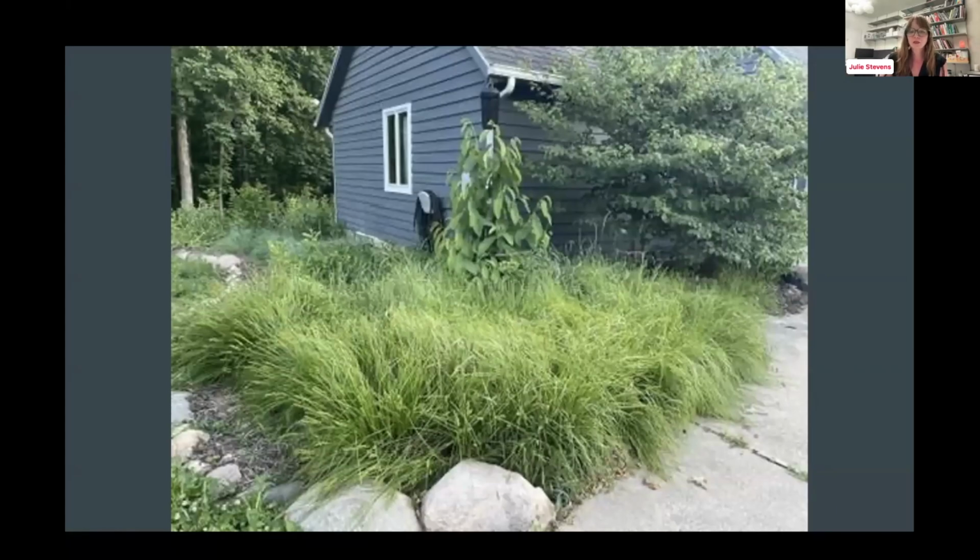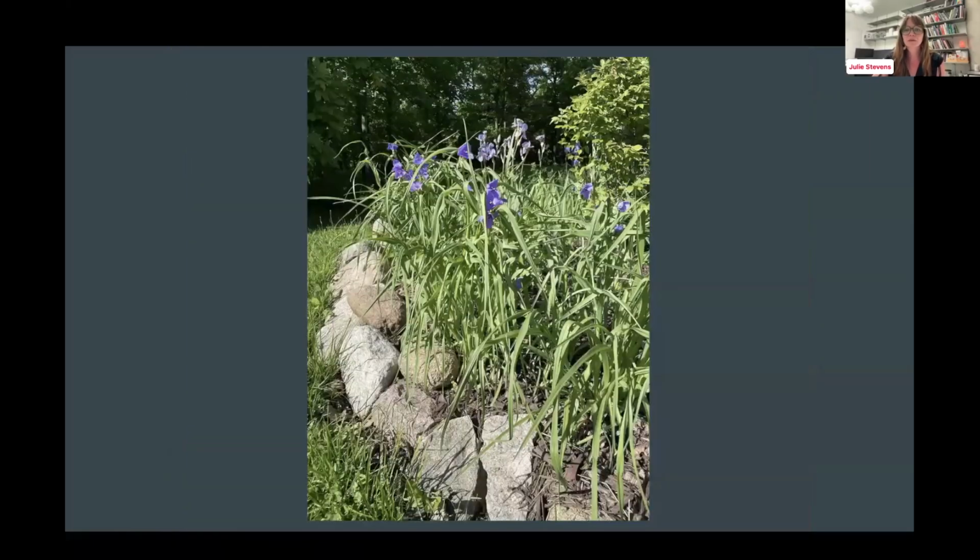So I did a lot of dividing, moving things around, getting things from friends and neighbors. I have some Siberian iris that I absolutely love that I keep sharing with others and moving, and so I'm using what I have and slowly, as I'm learning more about how to use these natives in the landscape, transforming space by space.